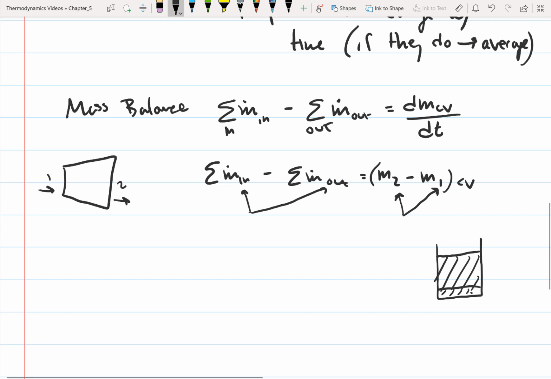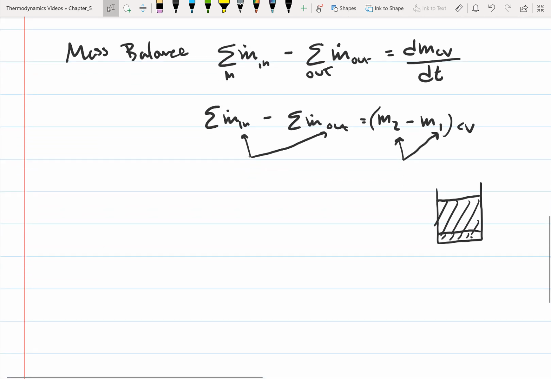It's referring to how much mass is in the container, like how much is there at state 1 and how much is there at state 2. So we want to make sure that we make that distinction with these problems. It wasn't as important to make it with the steady flow problems, but now we need to make it, otherwise the problems are going to get pretty confusing.